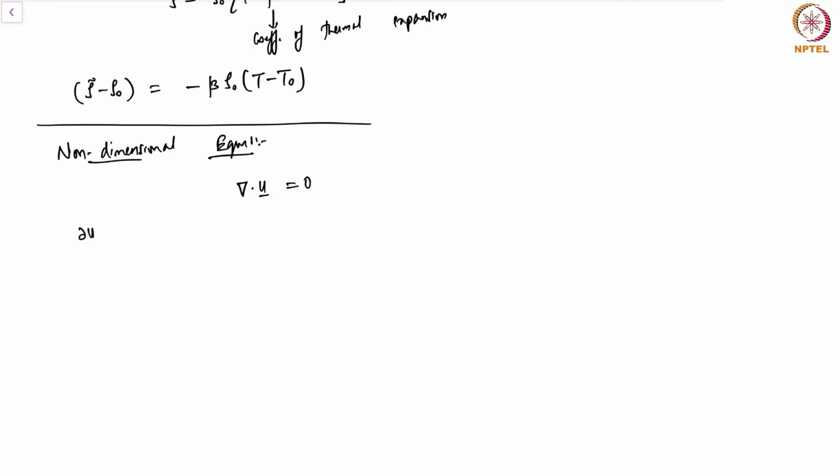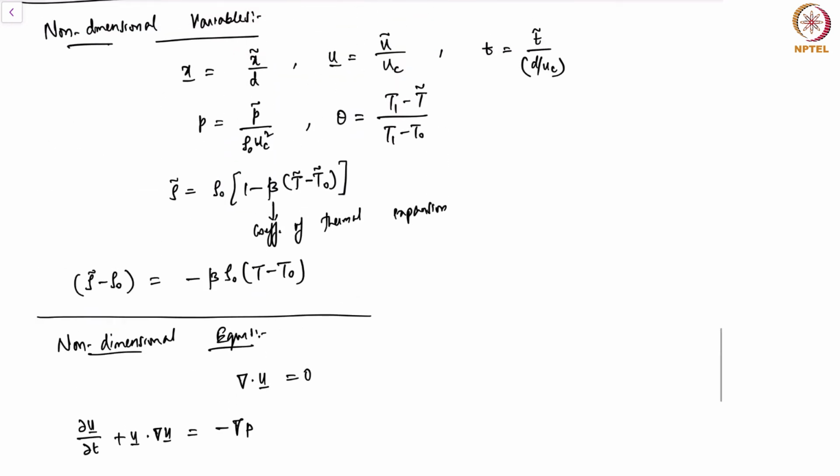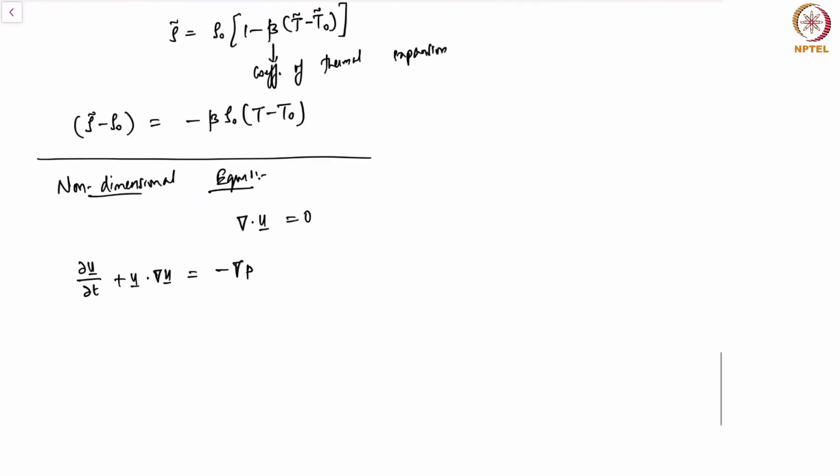So what we have is del u bar by del t plus u bar dot grad u will be minus grad p, where p would be p tilde d, just put a subscript d there, plus the viscous term, let me write that down, that will be nu naught by uc times d times del square u, and finally we have the gravity term.